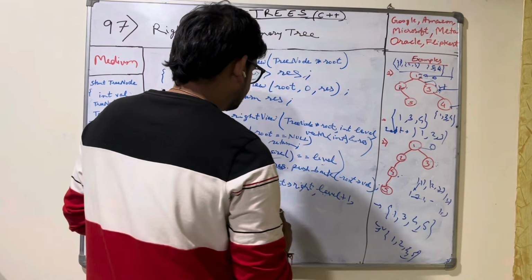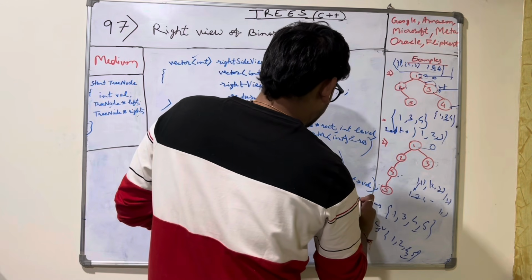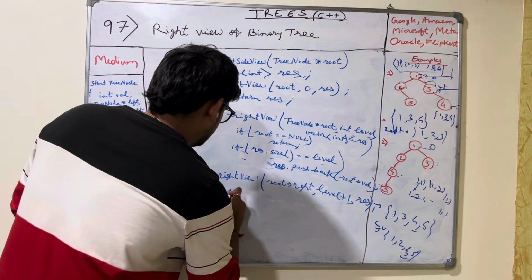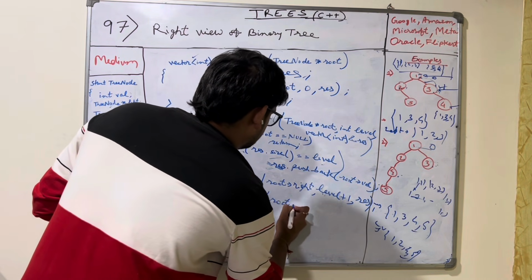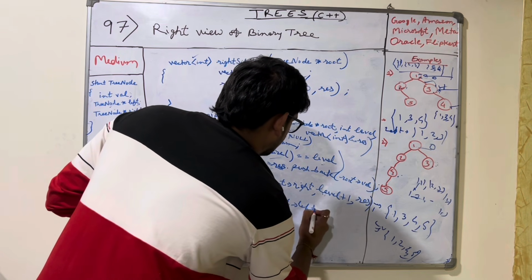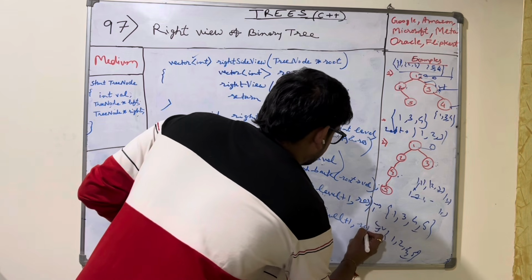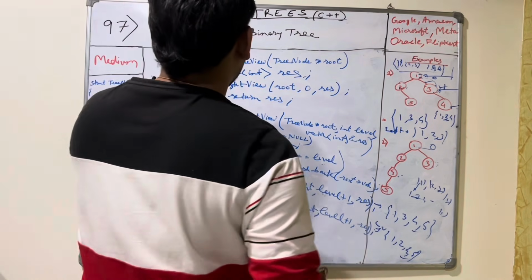Okay, and we'll pass this result, and then we will do it for the left part of the tree also. You'll understand how this code will work. Level plus 1, result, and then this will give us the expected result vector.